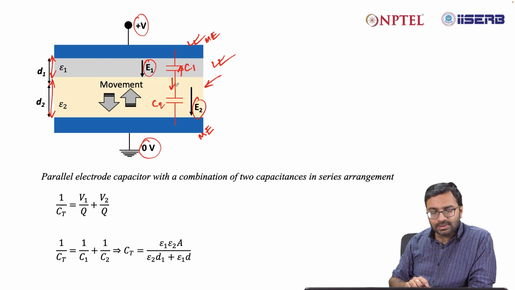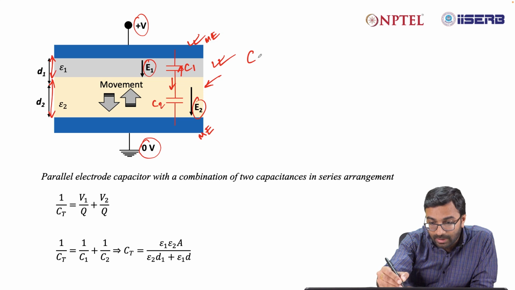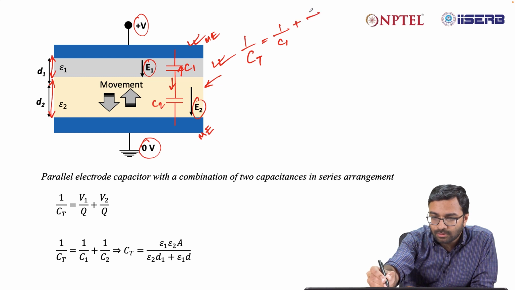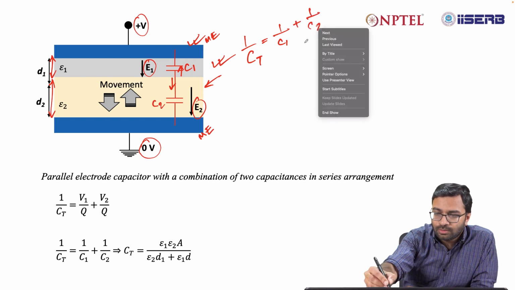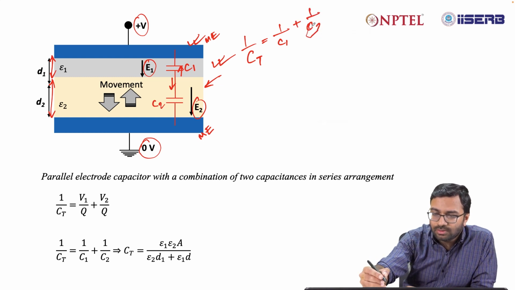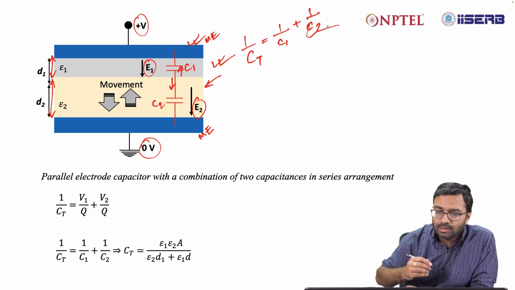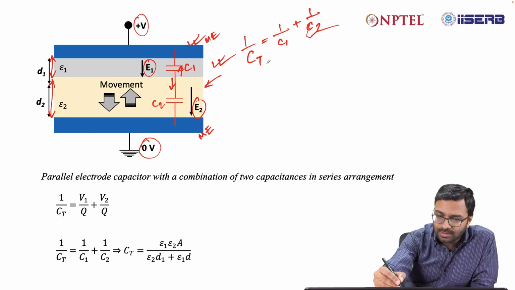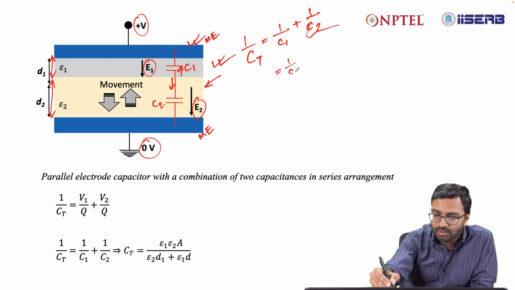In this case your total capacitance will be 1 by Ct is equal to 1 by C1 plus 1 by C2.